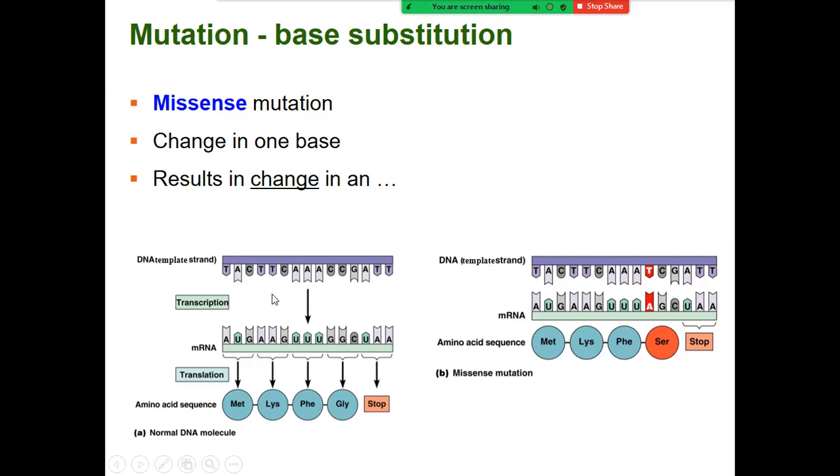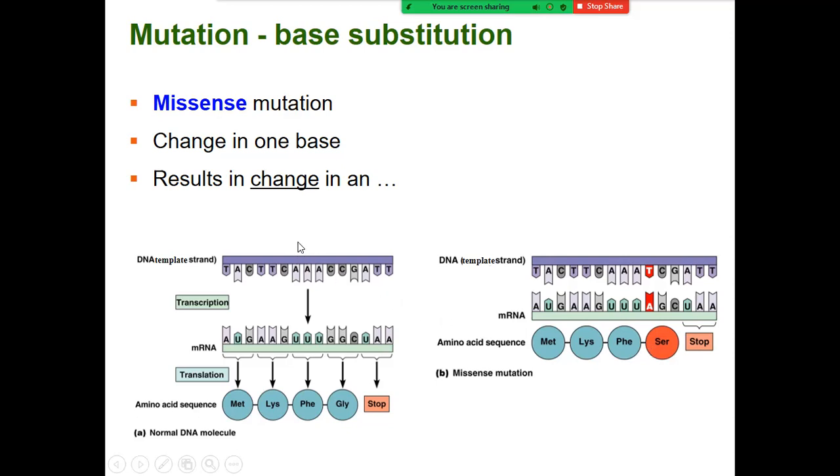Such as when you have CCG, and it gets changed to TCG. That codes for a different amino acid. Instead of coding for the amino acid glycine, you code for the amino acid serine.